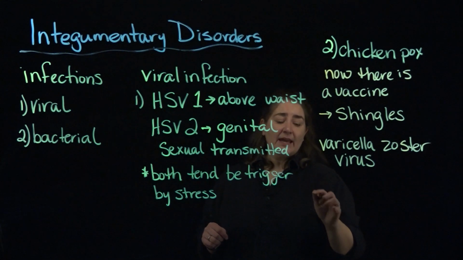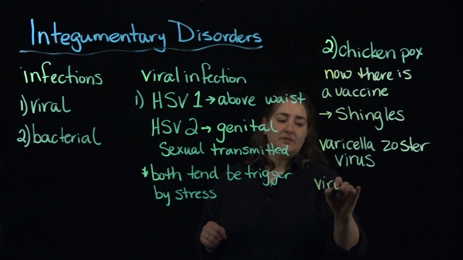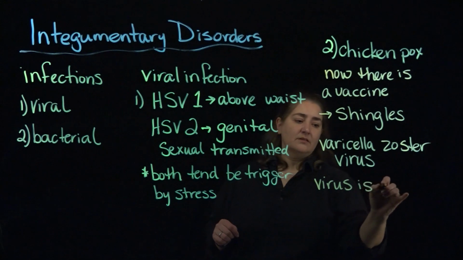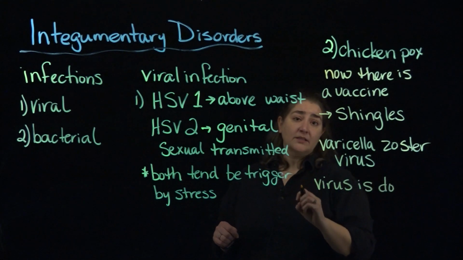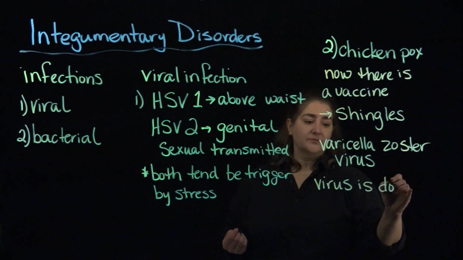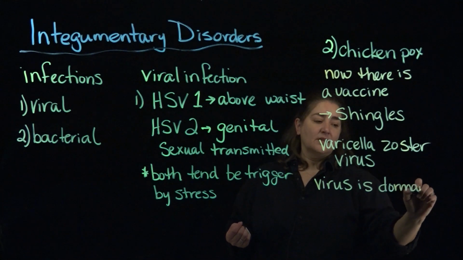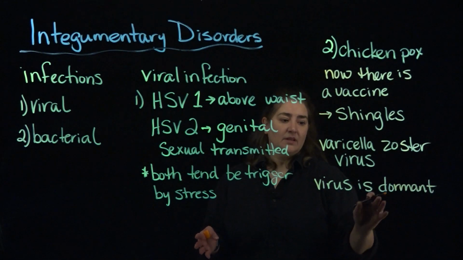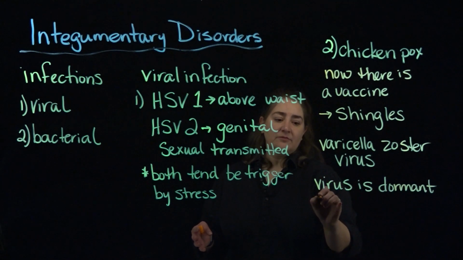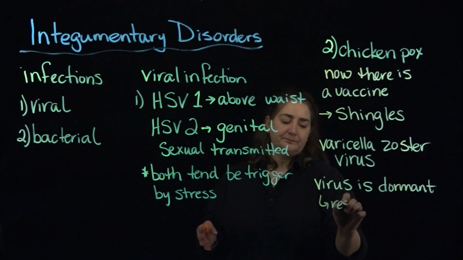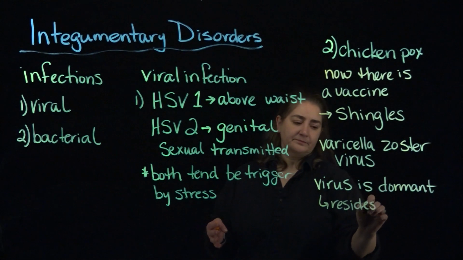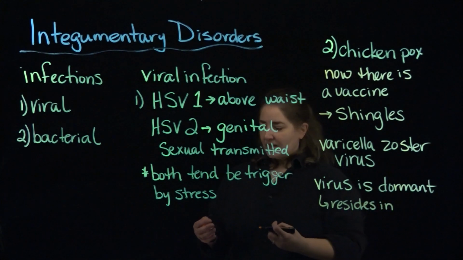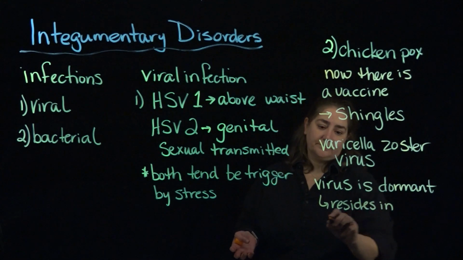So essentially what happens is the virus, if you are infected initially as a child, lays dormant for decades, typically. And where it resides is going to be nervous tissue.